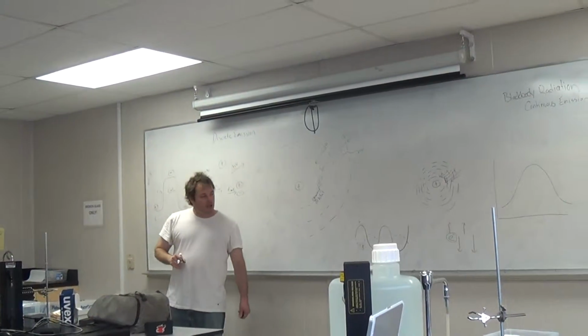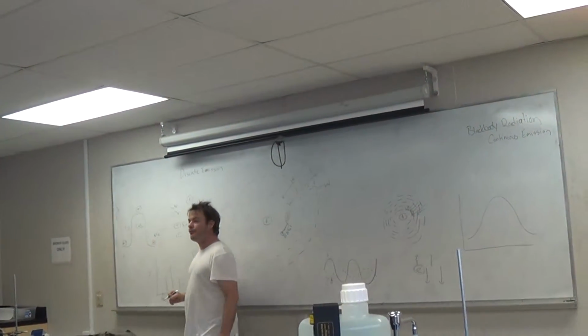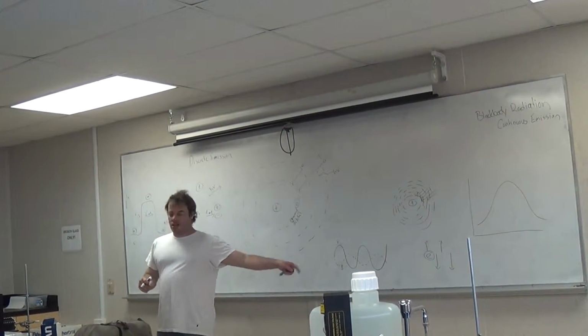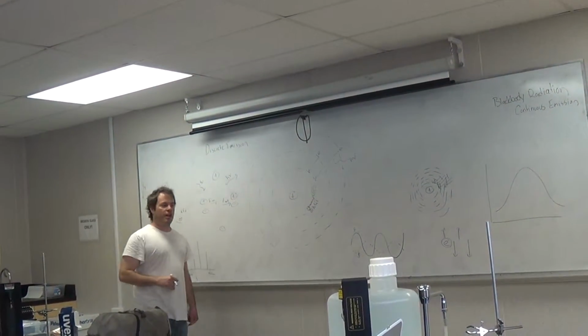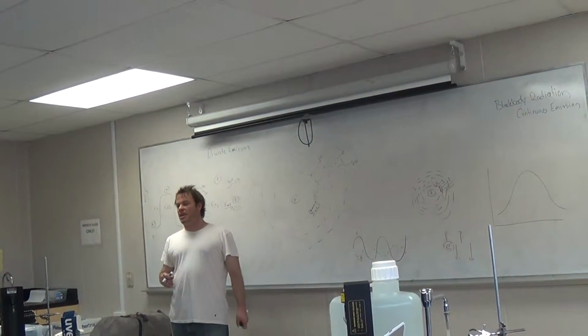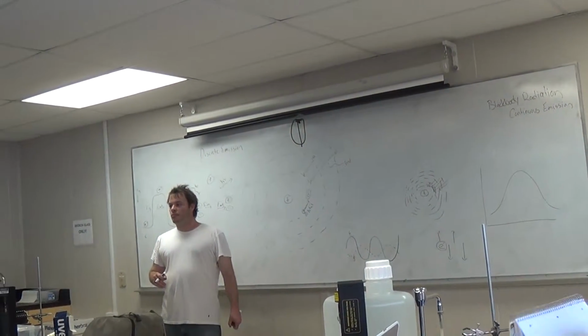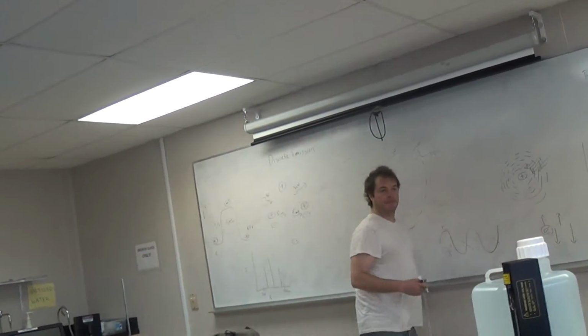So how do fields get generated? If I wanted to have a sinusoidal electromagnetic field, how might I manufacture that? All right, so I've got an electron right here.